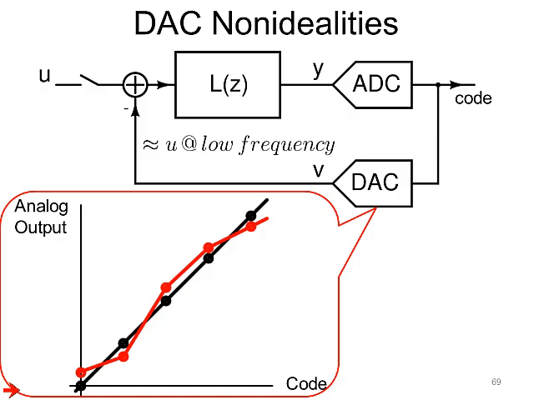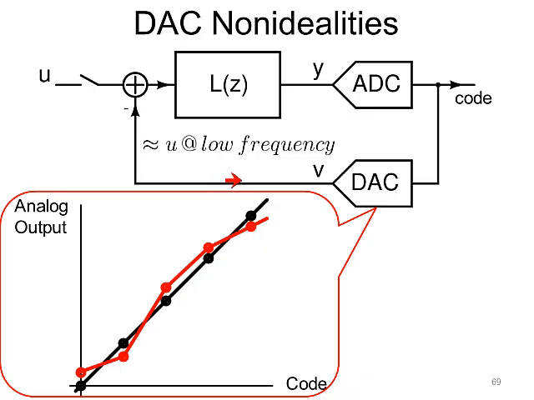The DAC, which of course results from realizing a quantizer. A quantizer, recall, is an ADC and a DAC in cascade. The DAC, in many cases, is also not quite linear, and that's because of device mismatch effects in the DAC. Therefore, the code versus analog output characteristic is not quite the straight line that you want, but something as shown in red. Now, negative feedback will force this analog signal to track the input at low frequency.